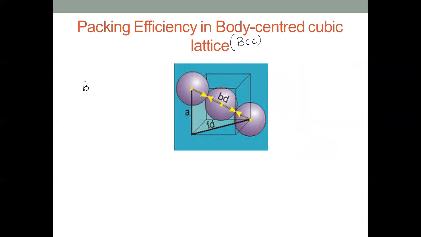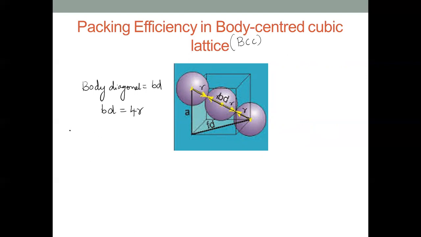The body diagonal here, BD, is nothing but, again, these three atoms are touching each other, right? If I take this as one radius, and this R and R and this R, so again BD is equal to 4R here.